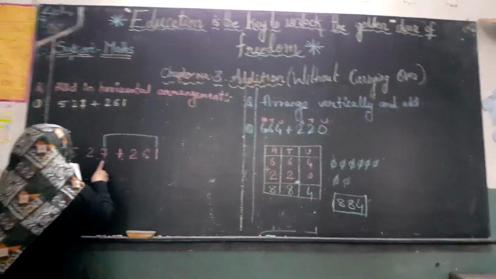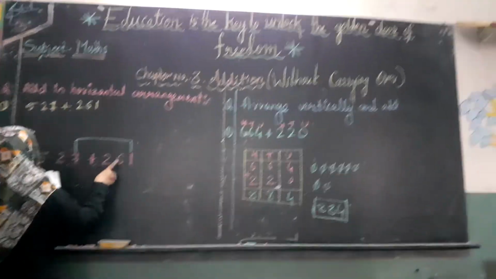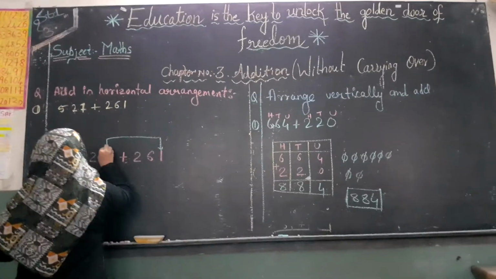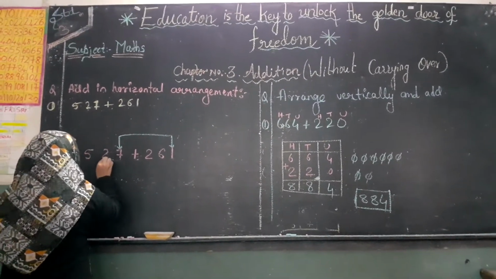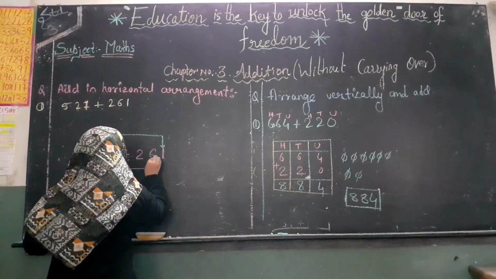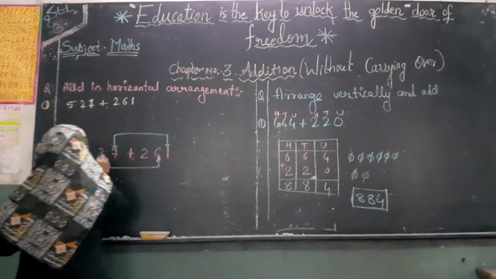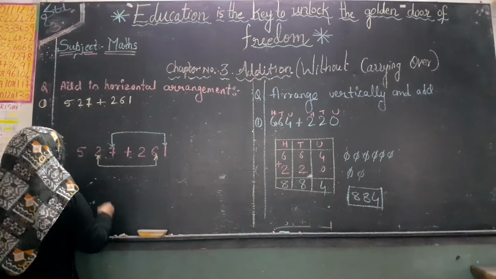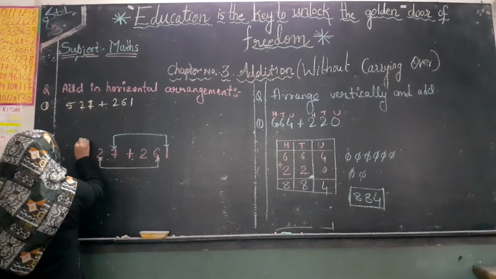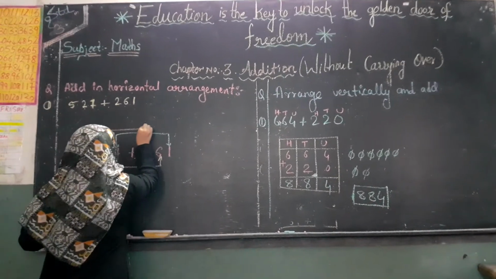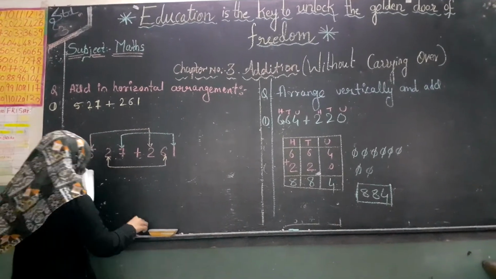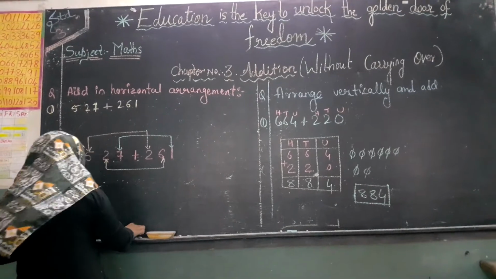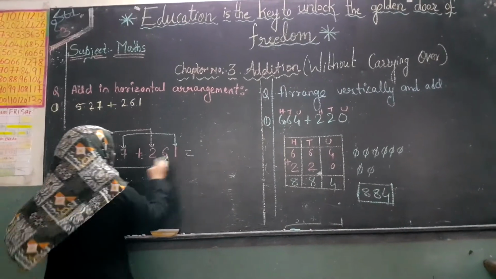We have to first add 7 plus 1, then second we have to add 2 plus 6, then we have to add 5 plus 2. Have you understood this? Okay, now we will add this.